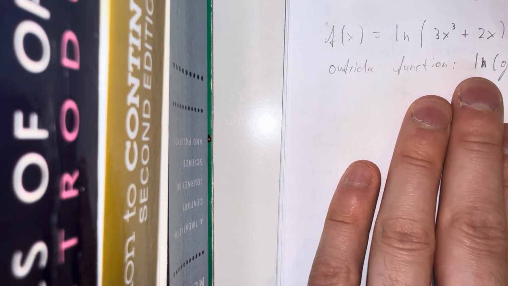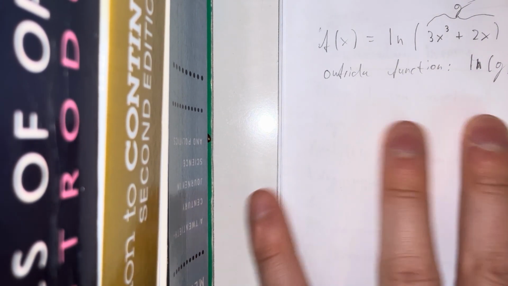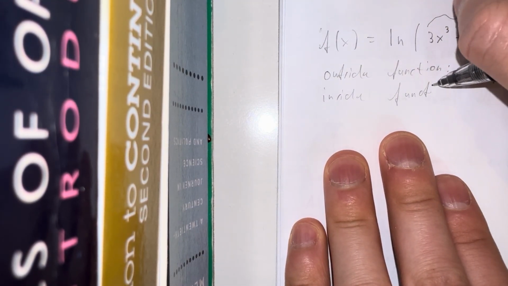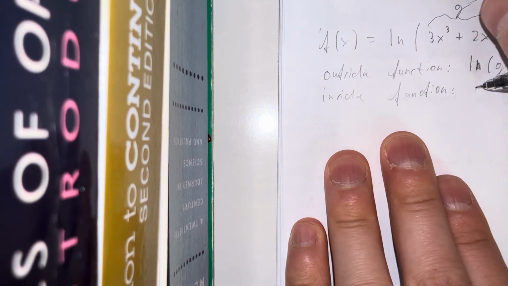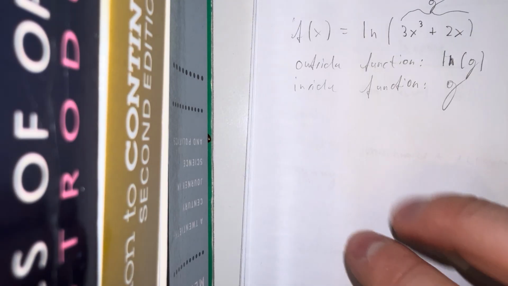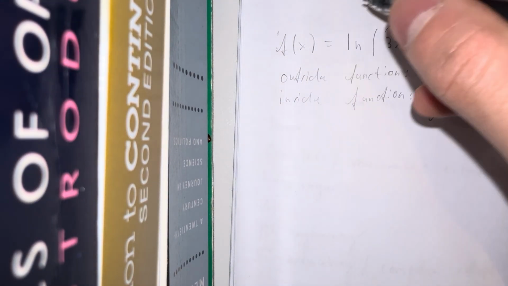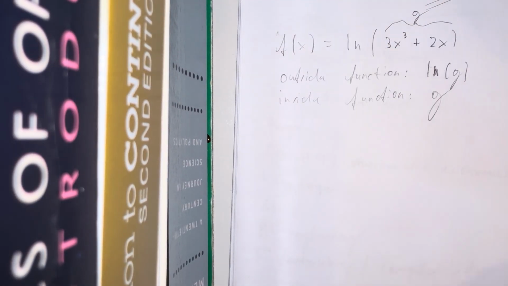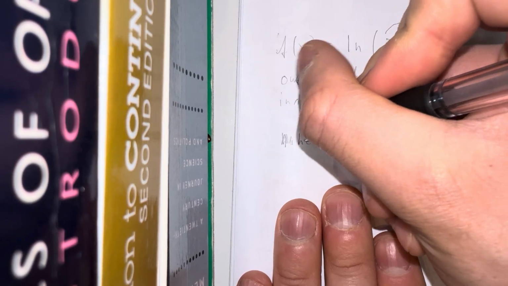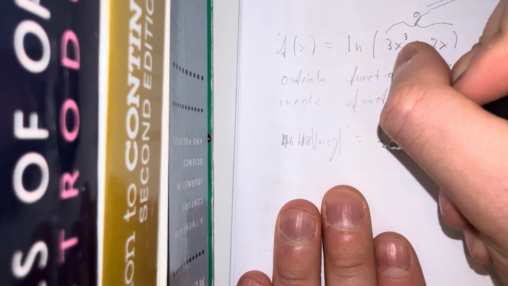I'll call it ln of g right now. This is g. Recall, we have the outside function, the derivative of the outside function multiplied with the derivative of the inside function. So the outside function then becomes, as we know, ln g, derivative of that becomes 1 over g.